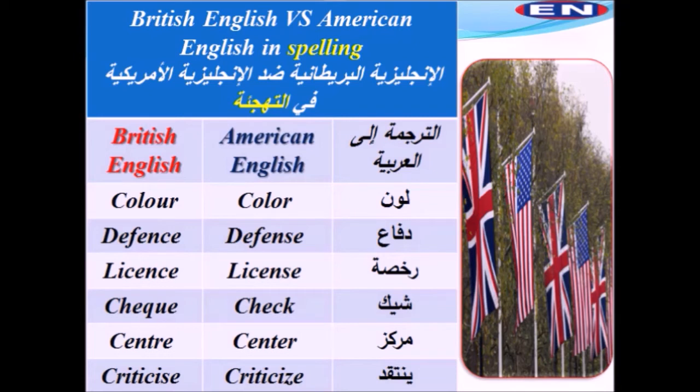Now let's move to another difference between these two accents: spelling. Spelling means words that have the same pronunciation and the same meaning but different writing. So let's begin with British English.